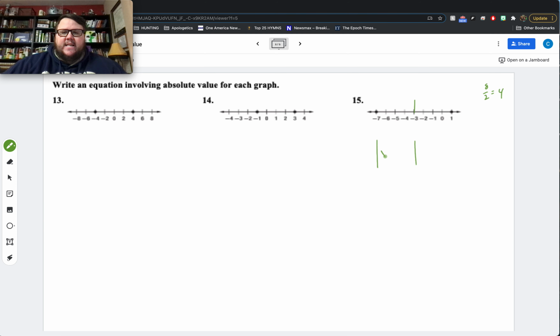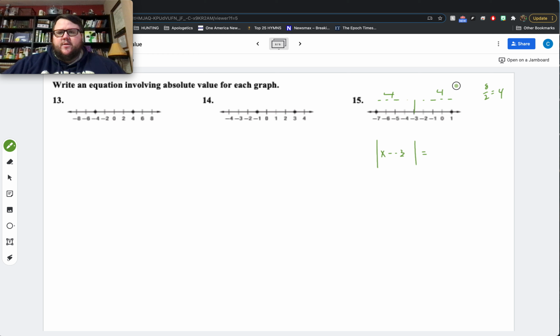So we're going to set up our absolute value. And we're going to say x minus whatever our middle term is here, right? Whatever our middle term is here, which is -3, goes in here. So -3 equals, and then what's our units? So our units, 4 units here.